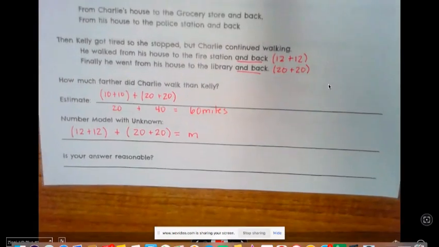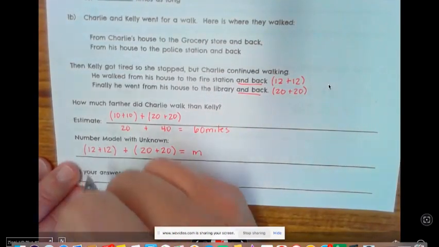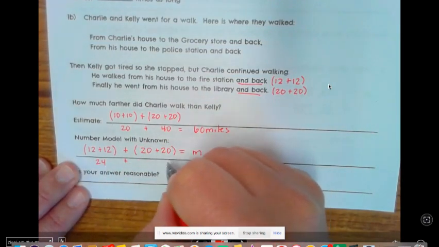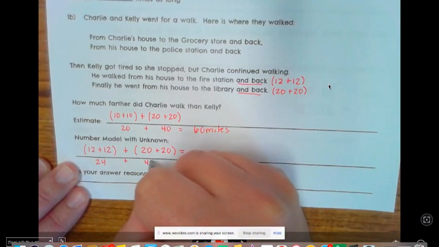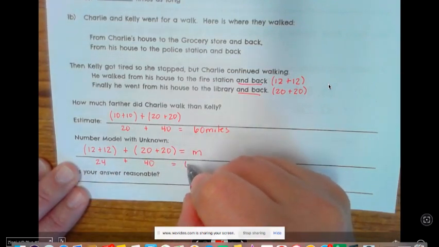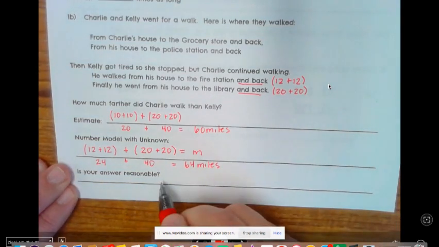Now let's go do our number model with our actual answer. So 12 plus 12, well, I can do that in my head too, and I know that's 24. And I'm going to add 20 and 20, which we did up here, which is 40. And that together, 24 plus 40 is 64 miles, is our actual answer. Is our actual answer reasonable?